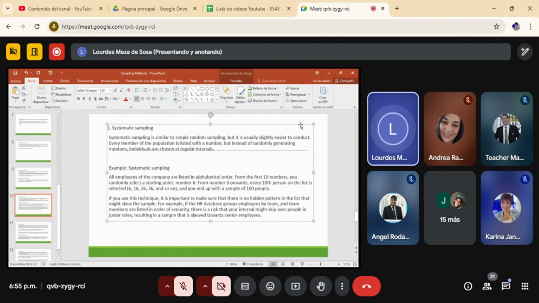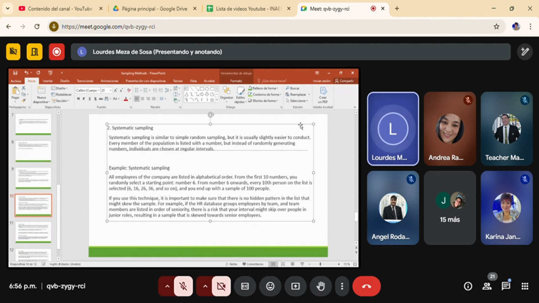If you use this technique, it's important to make sure that there is no hidden pattern in the list that might skew the sample. For example, if the database of the human resource groups are in teams, and team members are listed in order of seniority, that means I have all the managers in the first group.